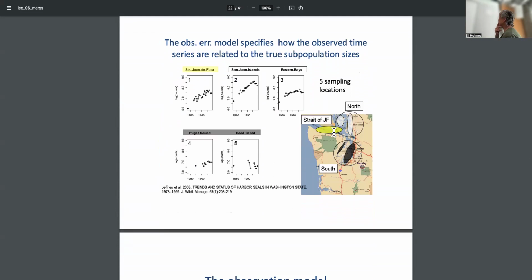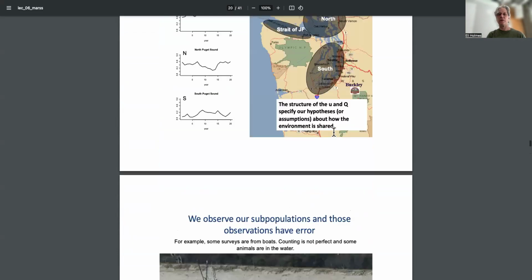Okay, so for these regions, we actually have 5 different sampling locations that are overlapping. Or here, let me go back here.